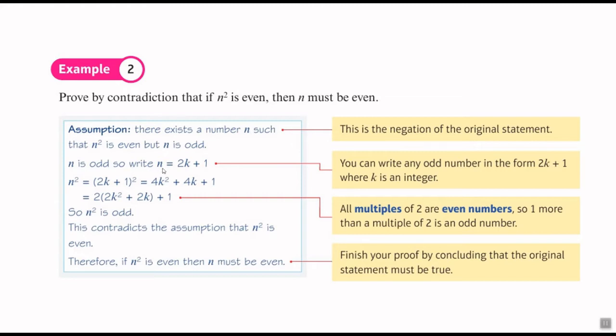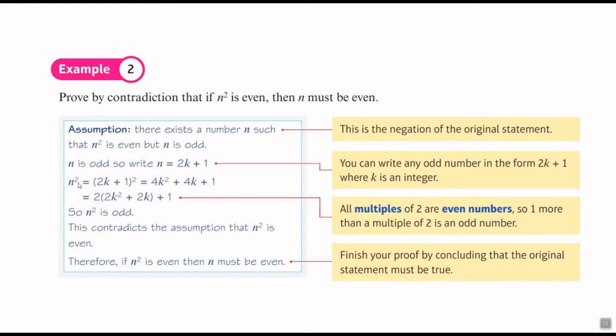We can write any odd number in the form 2k plus 1, where k is an integer. An integer multiplied by 2 gives an even number, and an even number plus 1 gives an odd number.